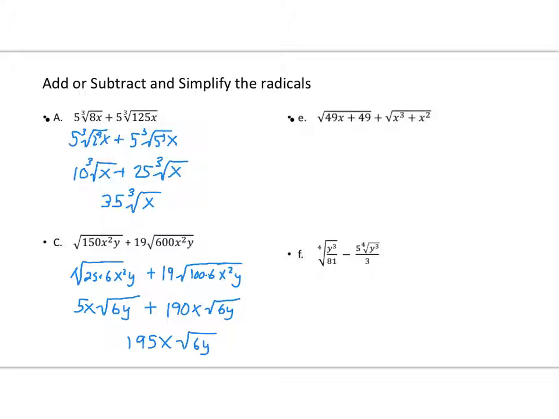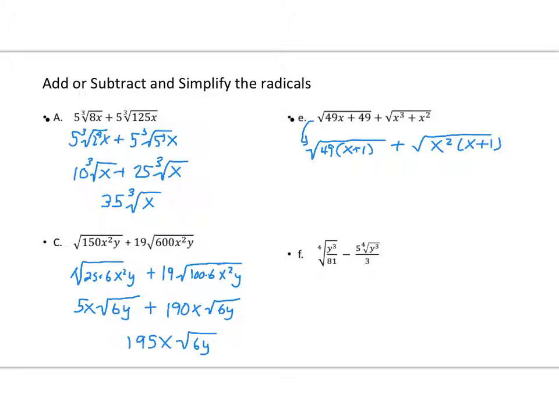So problem E, you say, oh gosh, how do I do that? So I'm going to take, under this radicand, I'm going to take a 49 out of both terms. So 49, and I'm left with x plus 1. And in the second term, I'm going to take out an x squared, and I get an x plus 1.